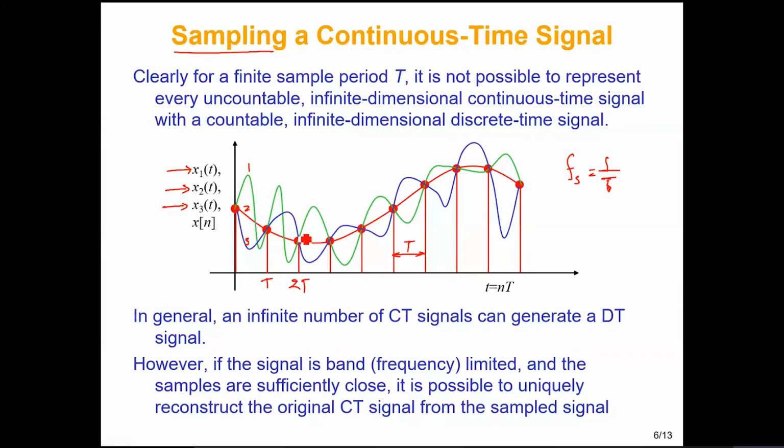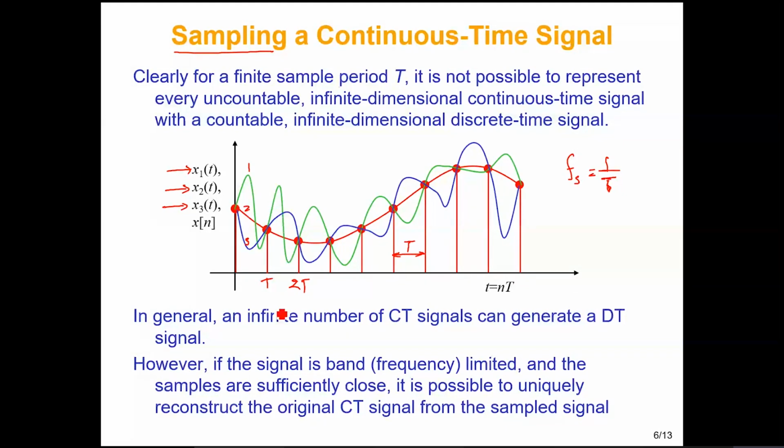Now, if we want to reproduce our signal back, we will be able to reproduce x2, the red one. But the green and blue ones cannot be reproduced if we sample at this rate. You are going to end up getting a changed signal, which will be your red signal, even if you start with the blue or green signal. Now, how do we actually make sure that we get our original signal back? This is what we engineers are supposed to know: what is the right sampling duration or sampling frequency.